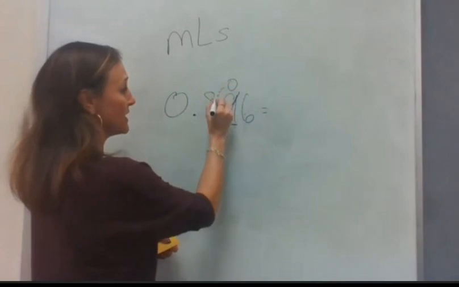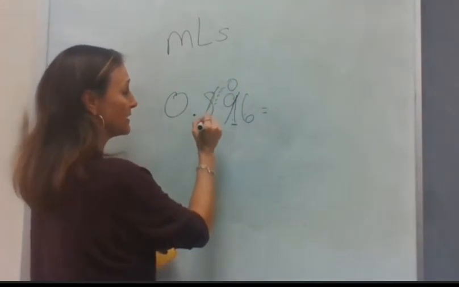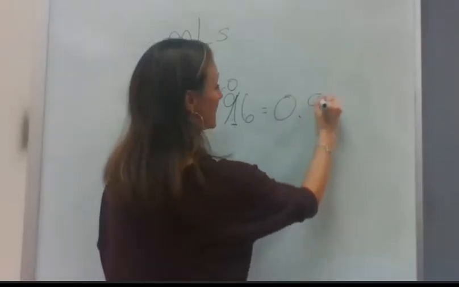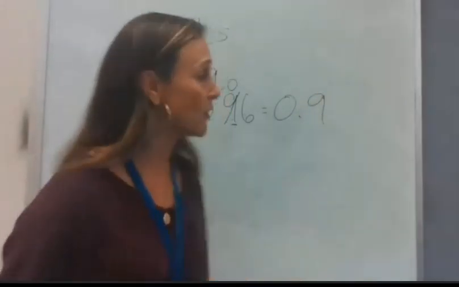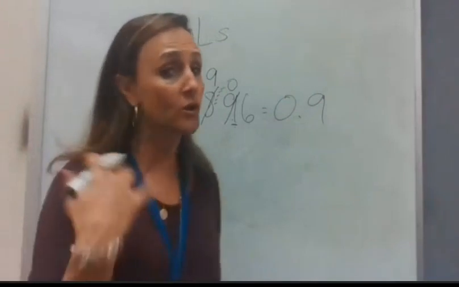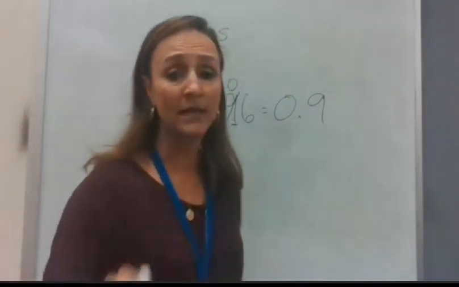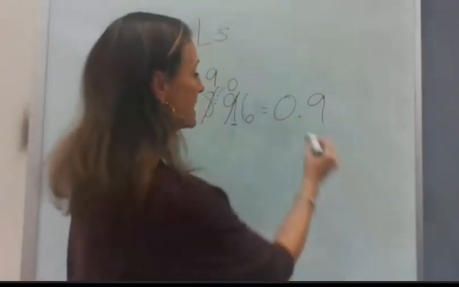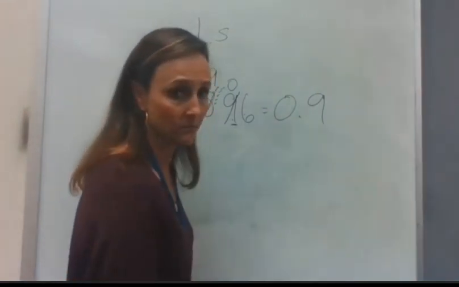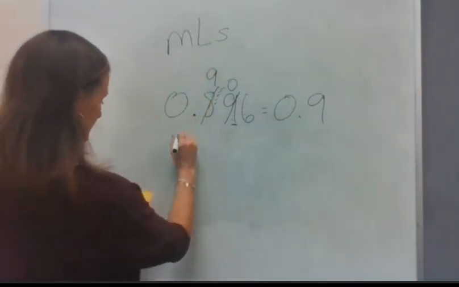It's going to trickle down over here and make this a 9. So my answer is 0.9. No trailing zeros. Do not say 0.90 or you get it wrong. Do not say 0.9 or you get it wrong. It's 0.9. Let's do another one.